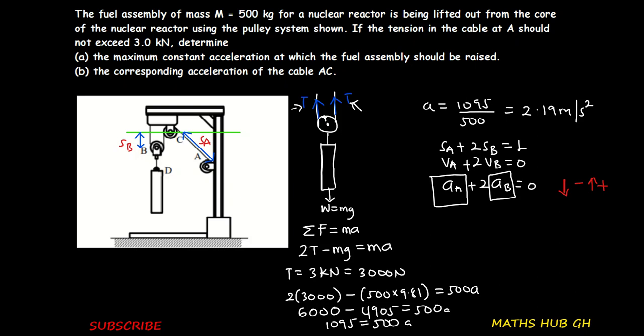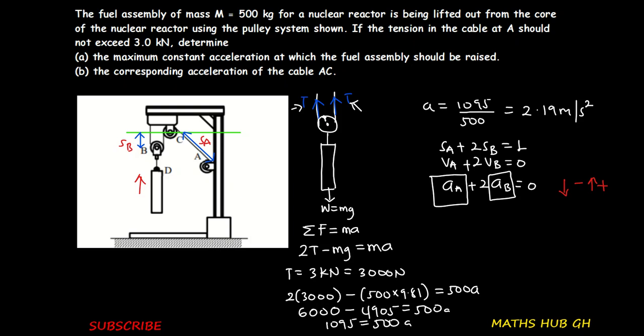So now what will happen is that the fore assembly is being raised. So that means that it will be moving upward, so that direction will be positive. So we are going to find out whether the length of the cable SA will have a negative acceleration or a positive acceleration at the end of the solution.